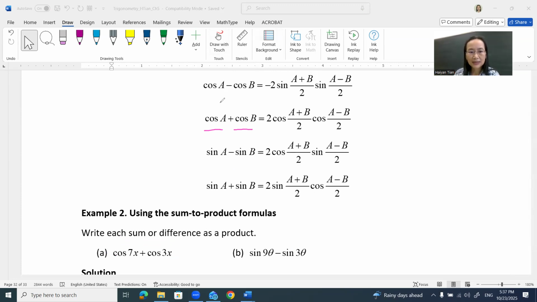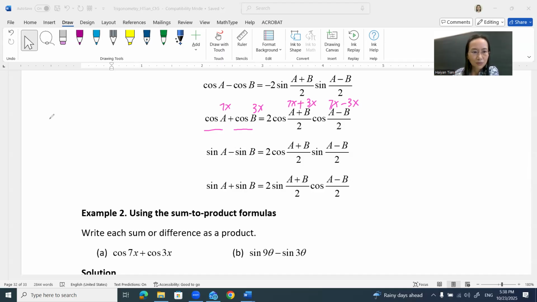So here A is 7x, B is 3x. Then we can immediately apply this formula. Just put in 7x and 3x for A and B respectively, this is a minus, this is a plus.